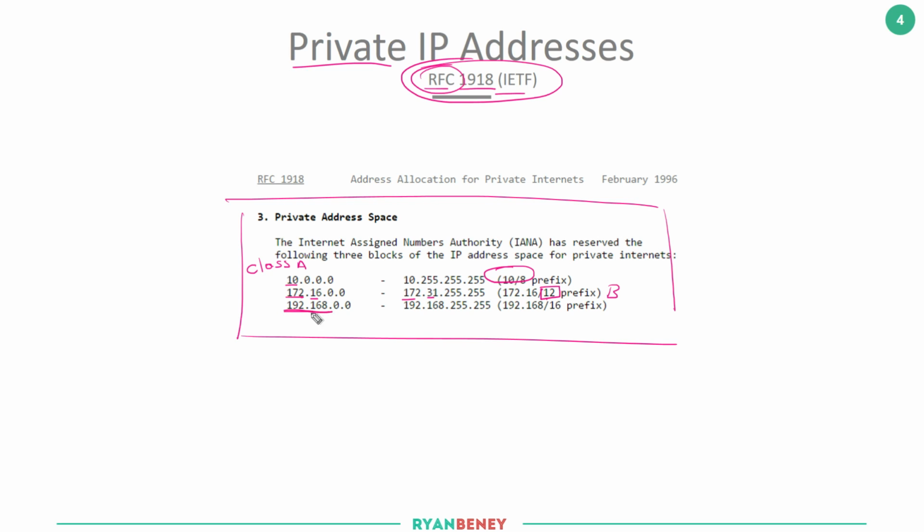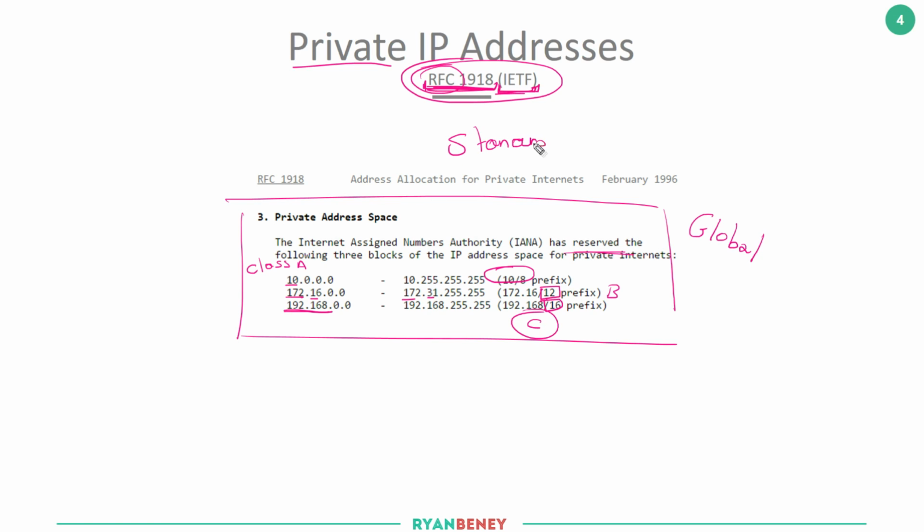The 192.168.0.0/16 is a Class C private IP range. The Internet Assigned Numbers Authority reserved these IPs, so these will never be global IPs, and they reserved them for private use. And the IETF created an RFC to outline this specification and make it a standard.